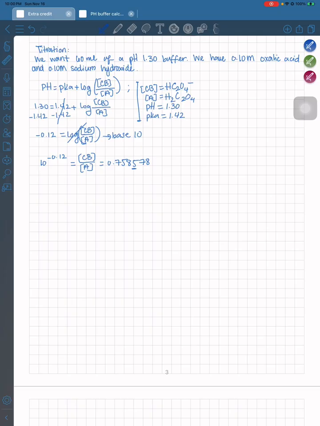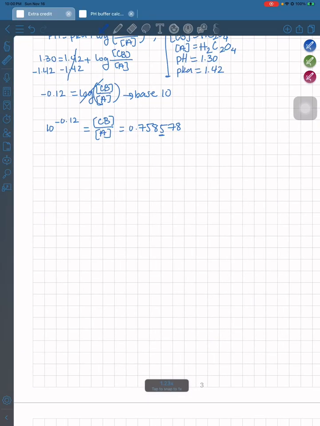Now we need to find the initial moles of our oxalic acid, which will be equal to 0.040 liters times 0.10 moles per liter, which is equal to 0.004 moles. Based on this, we know that there's plenty to create the buffer and ensure the final volume doesn't exceed our 60 milliliters after the addition of sodium hydroxide.